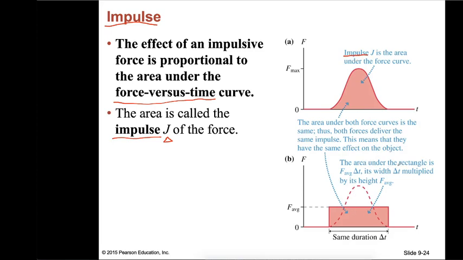The area under the rectangle is F average times T. So this is a constant force, and this constant force has the same impulse as the force above. We call this constant force, which can have the same impulse, the average force.